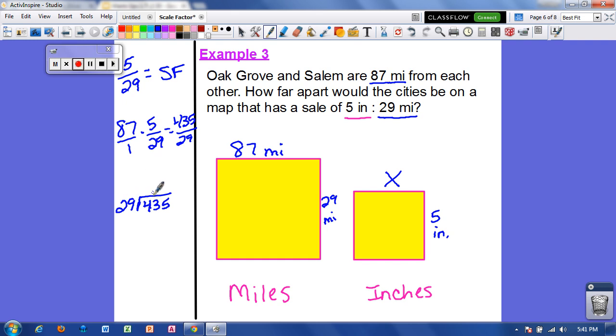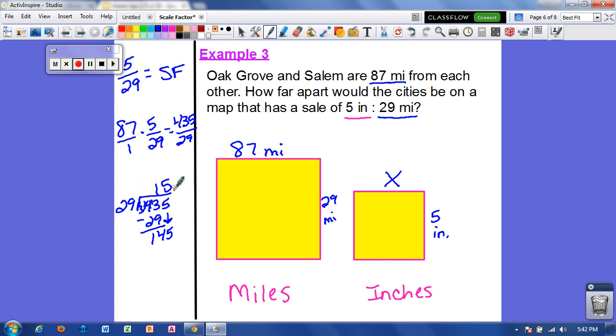29 goes into 43 one time. So that's minus 29. So I've got to borrow. 13 minus 9 is 4, and 3 minus 2 is 1. Now I'm going to bring down this 5. All right, 29 goes into 145 5 times.